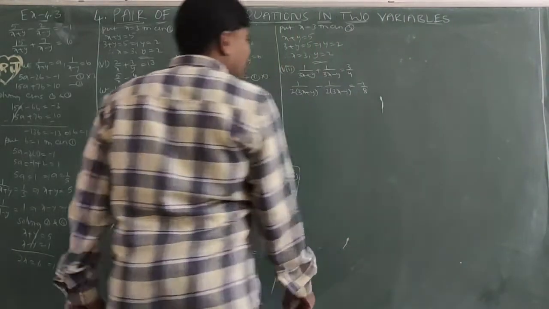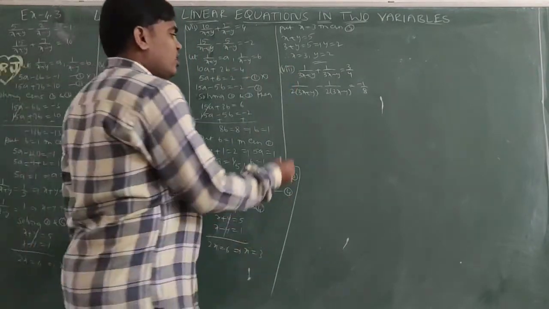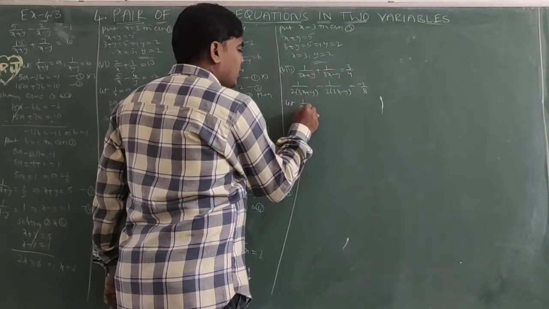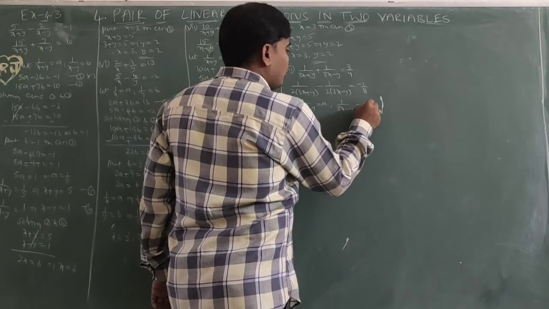Okay, so both the denominators are 3x plus y and 3x minus y. So let 1 by 3x plus y equal to a, 1 by 3x minus y equal to b.